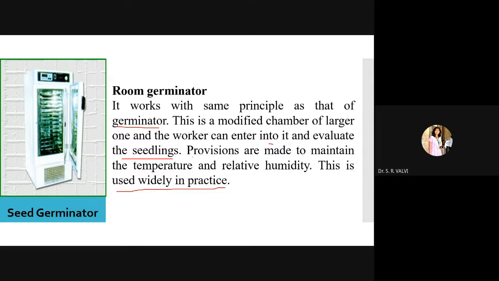It is larger than the germination cabinet, meaning the worker can enter. Just imagine how big it is. Its name itself indicates a room germinator: a particular room for germination, so that one can enter it and evaluate the seedlings.